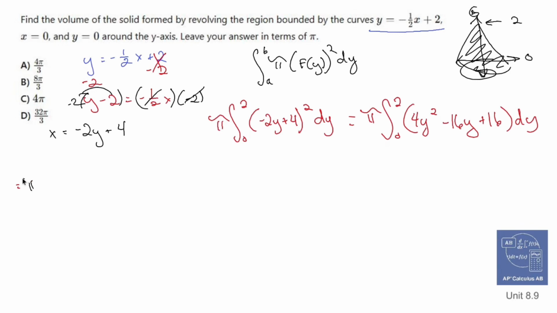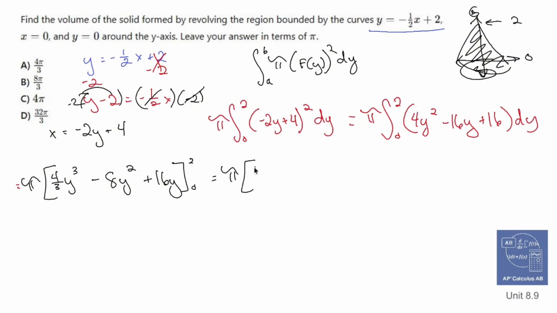Now let's actually integrate that. 4y squared becomes 4/3 y cubed. Negative 16y becomes, divided by 2, 8y squared. And 16 becomes 16y, with my limits at 2 and 0. Let's plug in 2.